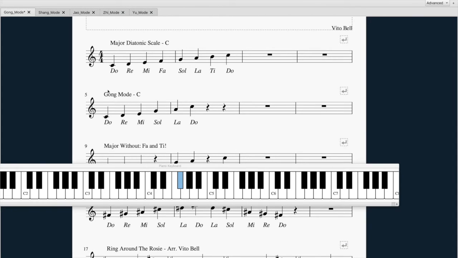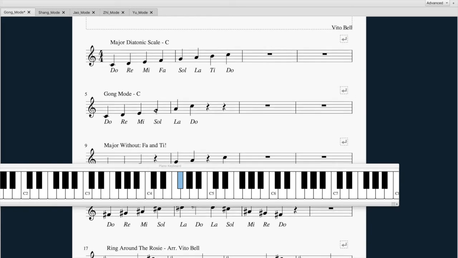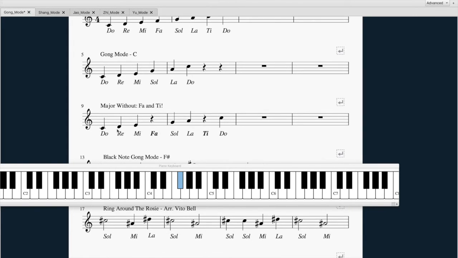So, Gong Mode is a pentatonic scale that has 5 notes, and it is very similar to the diatonic scale. The only difference, in fact, is that it does not have scale degree 4 and scale degree 7, or Fa and Ti. Here's a great visual representation of this.